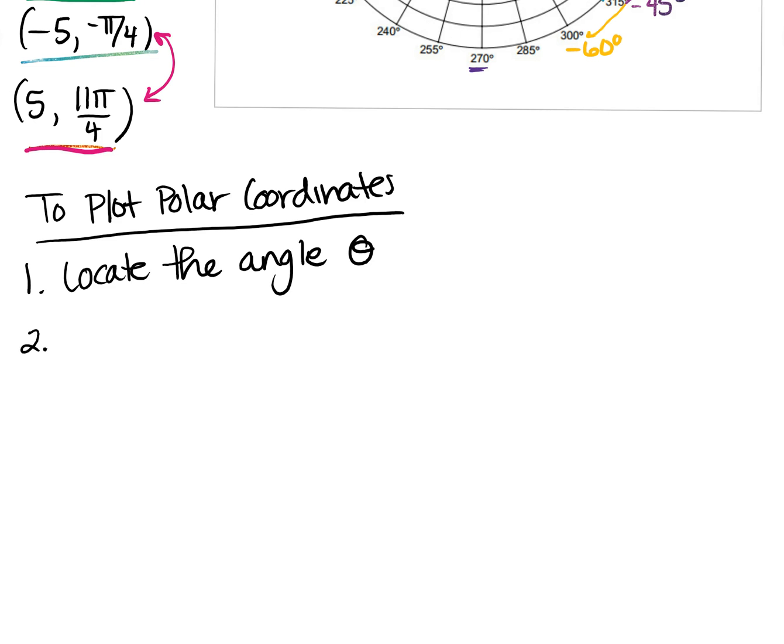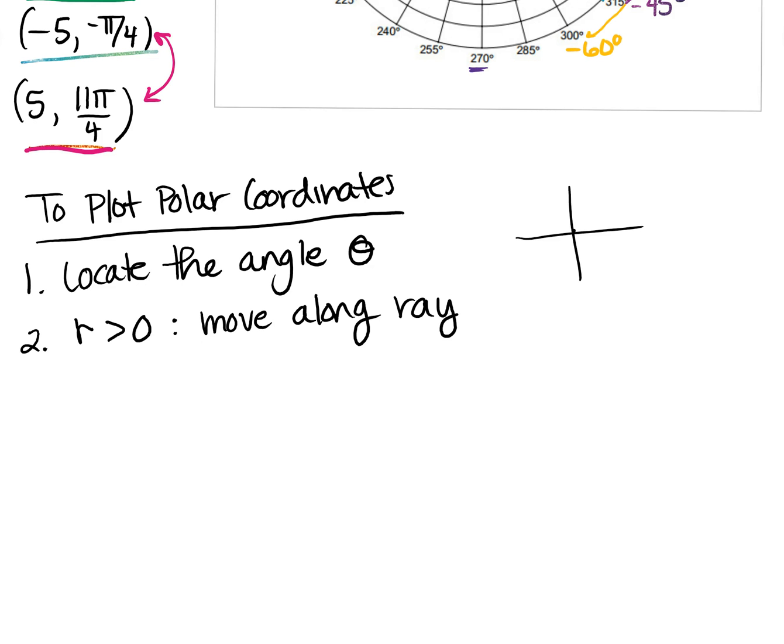The second step then: if r is greater than 0, you move along that ray. If this is my origin O, and let's say this is my point P, then we move along the ray OP, okay?